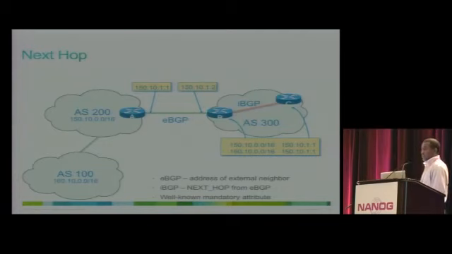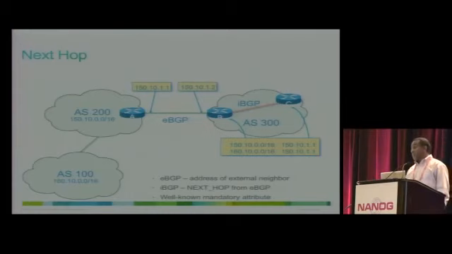This has an implication. The implication is that C has to know how to reach that particular next hop, which is 150.10.11.1, the link between A and B. So B has to advertise in the IGP or through some other mechanism that particular prefix into the internal network.